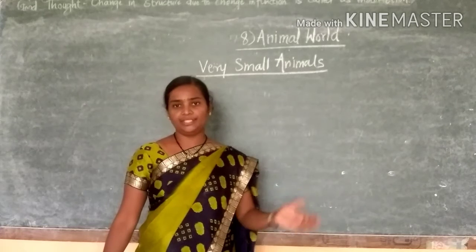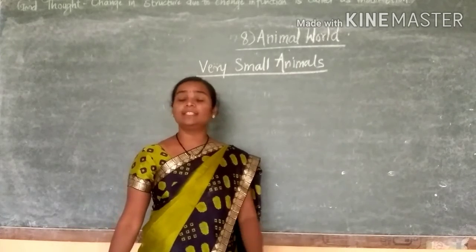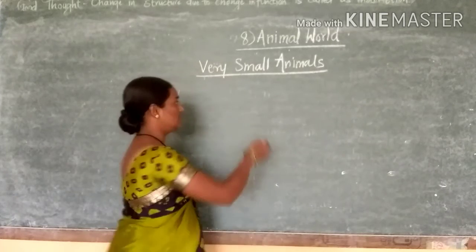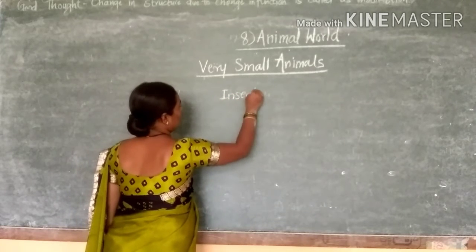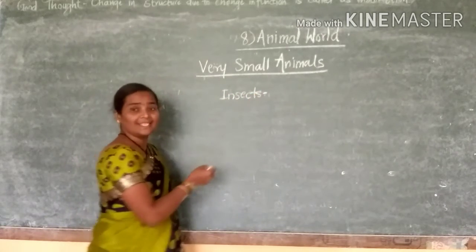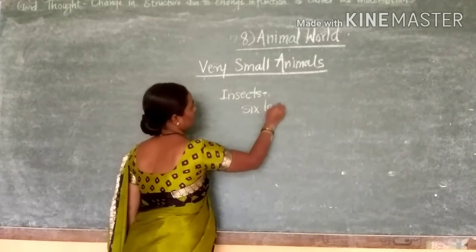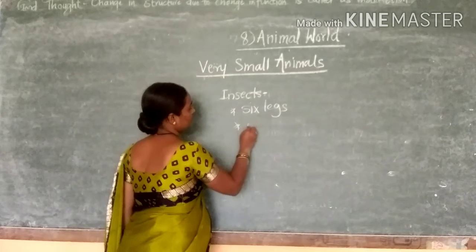Students, ants, bees, houseflies, butterflies. These are the very small animals. We are saying the insects. We can say the insects because insects have six legs. See, they are having the six legs and wings to fly.